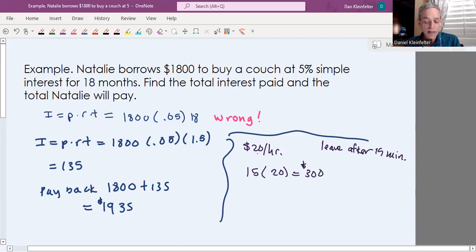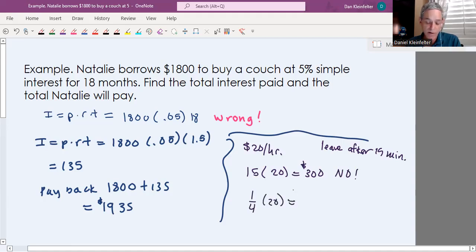Why? Because if you make $20 an hour and you work for 15 minutes, you either need to figure out how much you make per minute and then multiply that by 15. Usually people don't want to do that. Or leave the $20 an hour, rather, and turn the 15 minutes into a fraction of an hour. 15 minutes, that's a quarter of an hour.